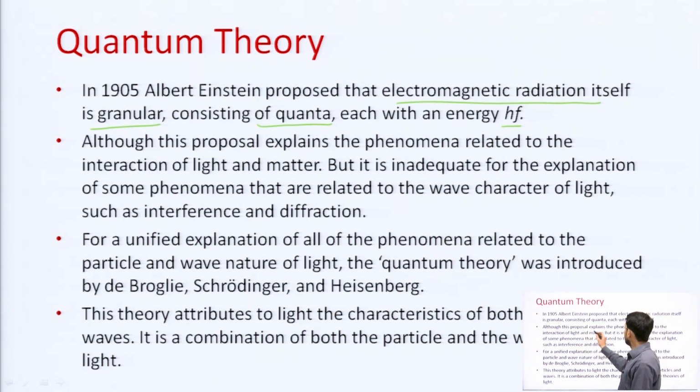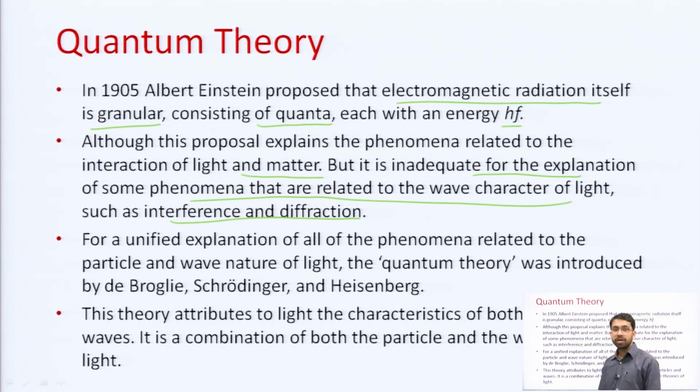Although this proposal explains the phenomena related to interaction of light with matter, it was again inadequate and could not explain other phenomena that were explained by considering light as a wave, such as interference and diffraction.